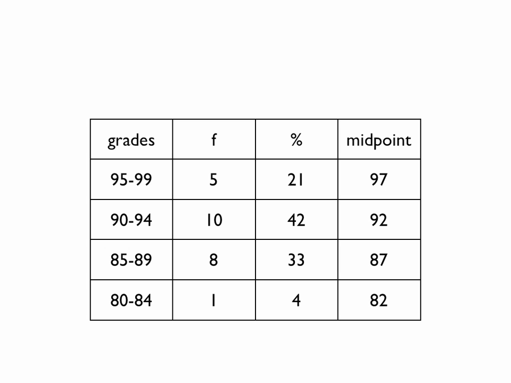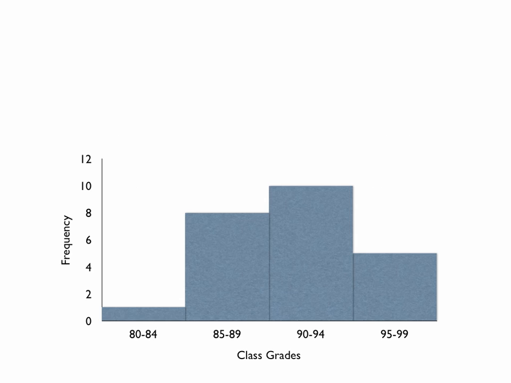Okay, so now we're going to create a histogram. Again, it's basically just like creating a bar graph, except the bars are going to be touching here. Let's start with the frequency. You can see the x and y axes are both labeled. The y-axis has a reasonable range.